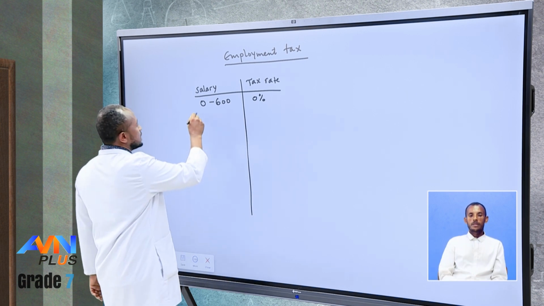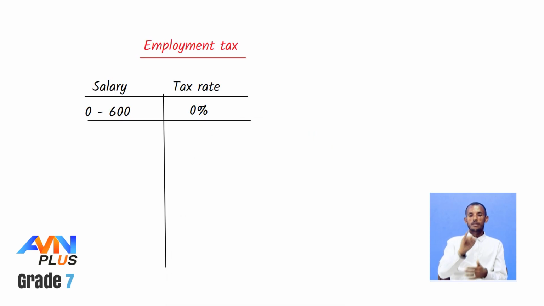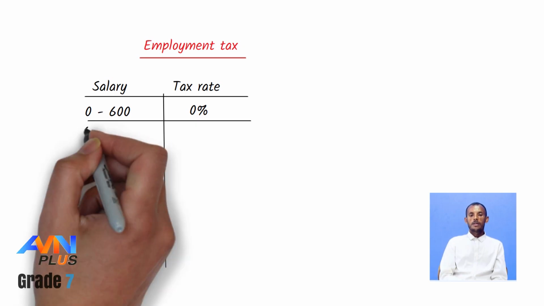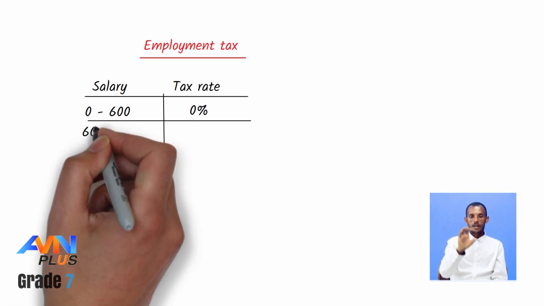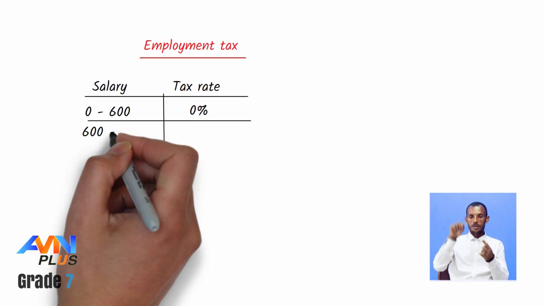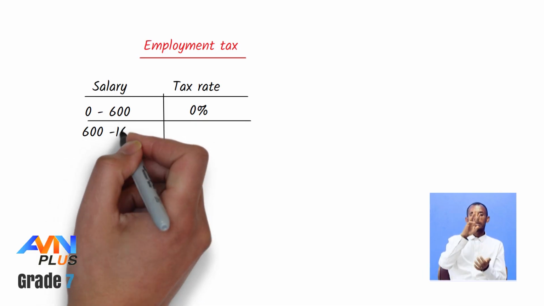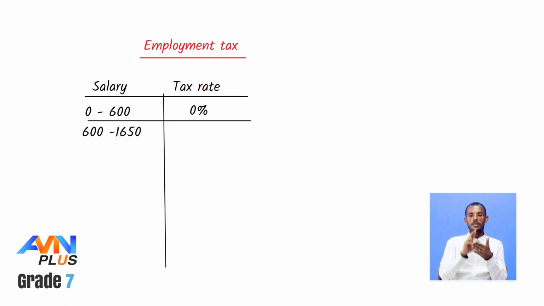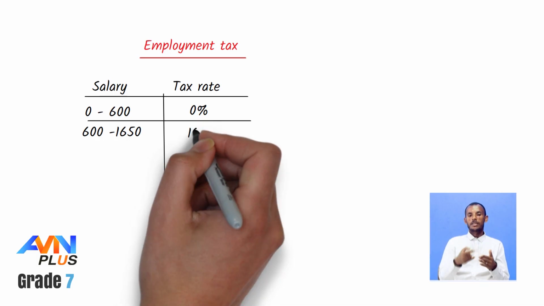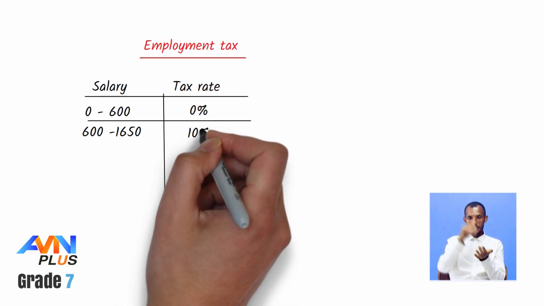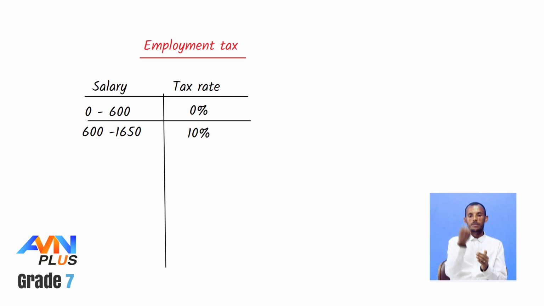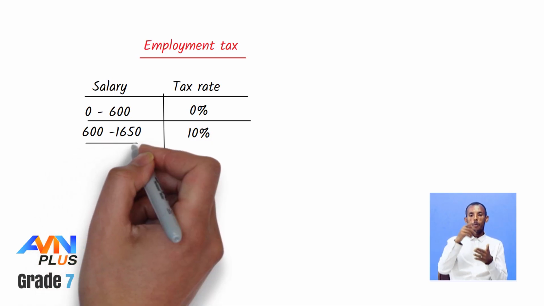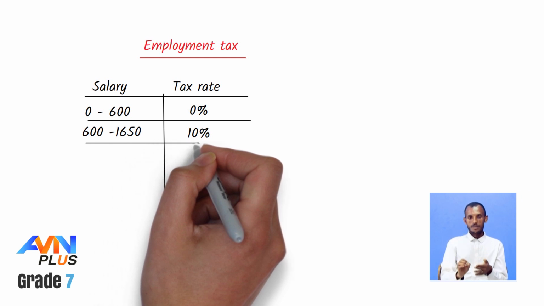The next range is from 600 to 1,650. For this range, the rate is 10%. For this interval of income, you have to pay 10% of this portion of income.